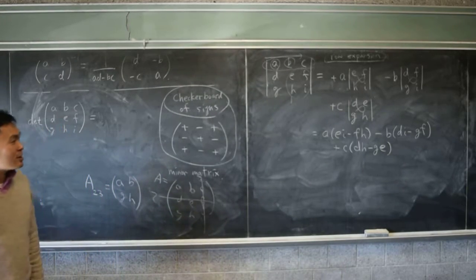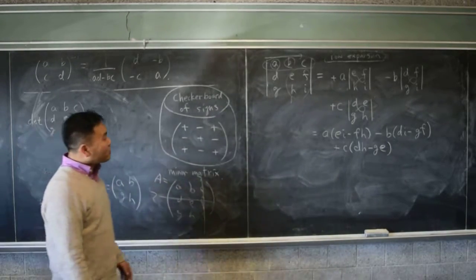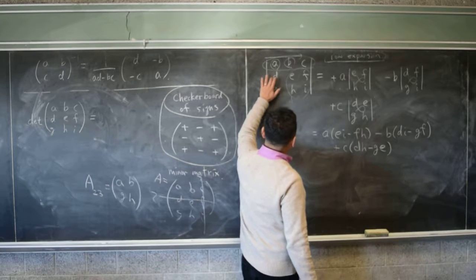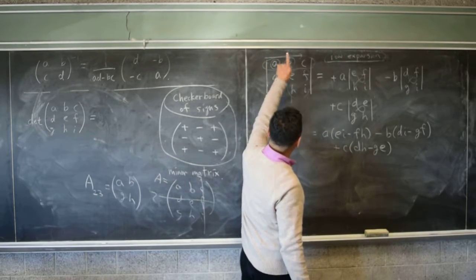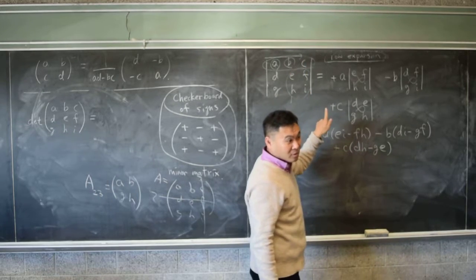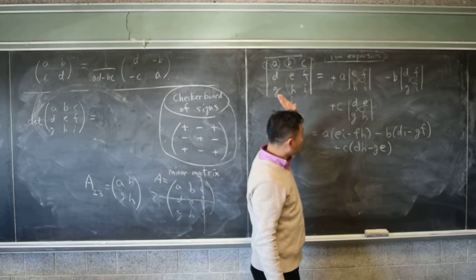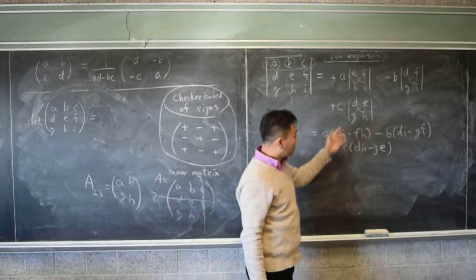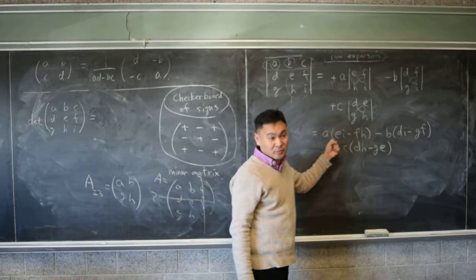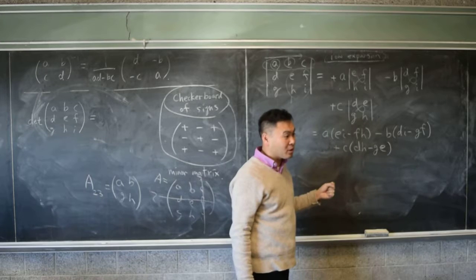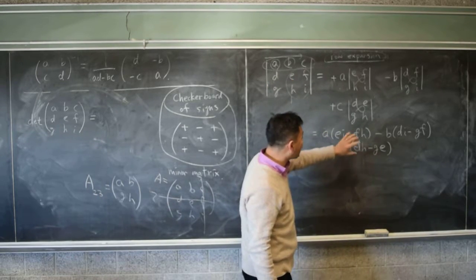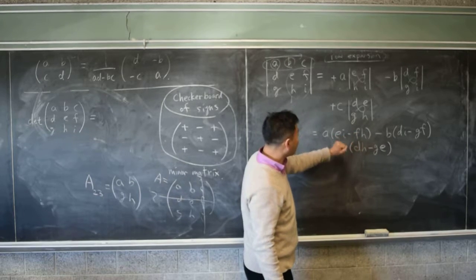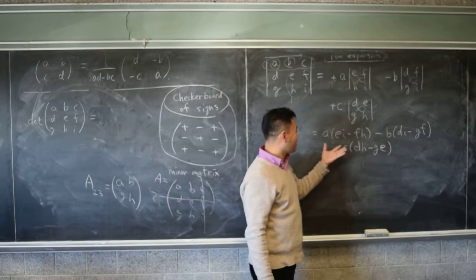Now what's interesting is whether you pick the first row or the second row or third row, or whether you pick the first column or second column or third column, as long as you do the exact same procedure, the end result will be the same. So this procedure not only gives us the formula for the determinant, and I mean, think about it.